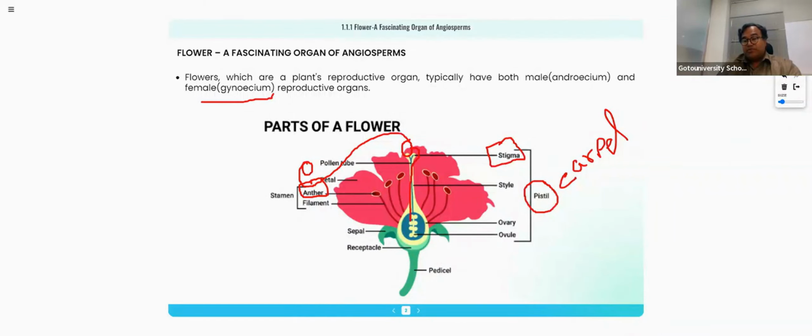Inside the ovary, the moment the male gamete reaches, it fuses with the female gamete to make the zygote. Zygote, you know very well, is an outcome of fertilization. Male gamete and female gamete after fusion inside the ovary make the zygote, right?